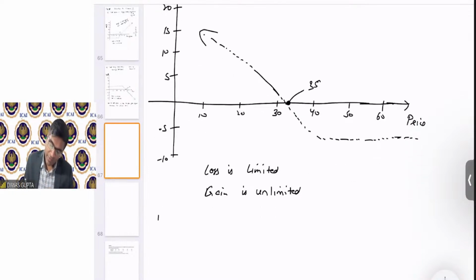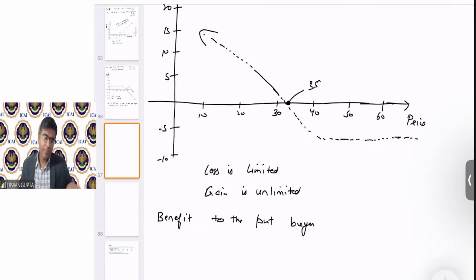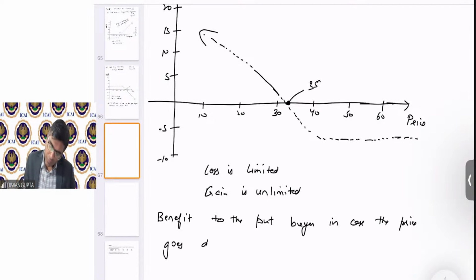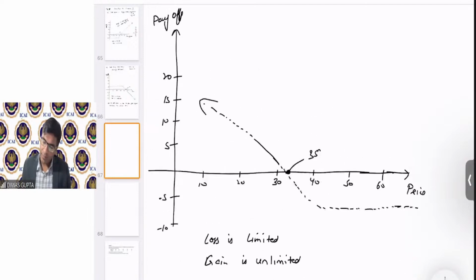So here what we say, benefit to the put buyer in case the price goes down below 35. If it is going down below 35, then only the benefit will accrue to the buyer.